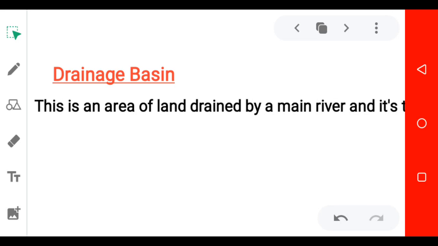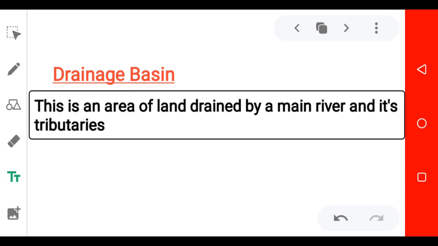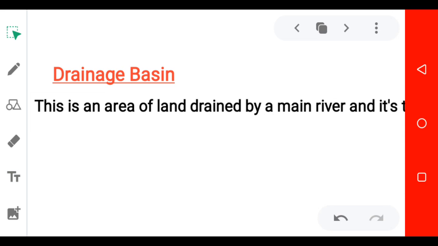Let's move on. Now, there's what we call a drainage basin. This is an area of land drained by a main river and its tributaries.